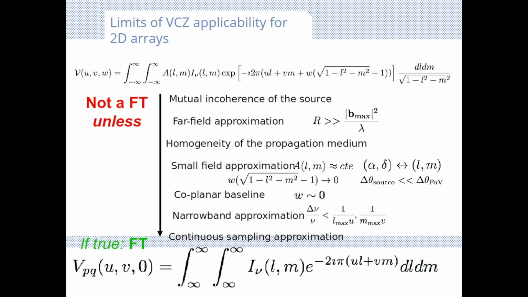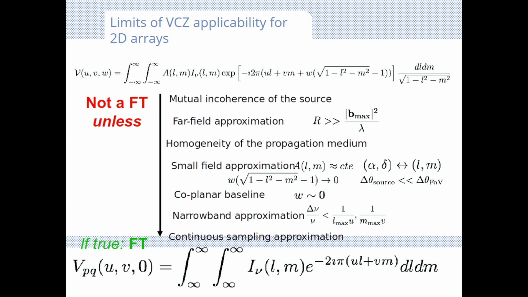We also rely on the far field approximation in this case. Remember that between antenna P and antenna Q, we measure a delay, but that delay depends on a planar wave coming into those two antennas. So that only happens if you place the source far away.